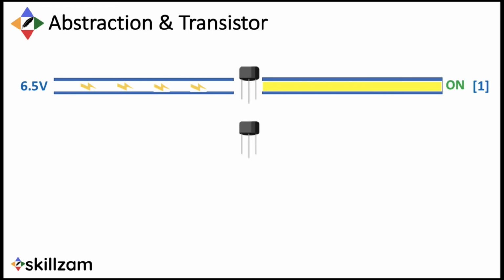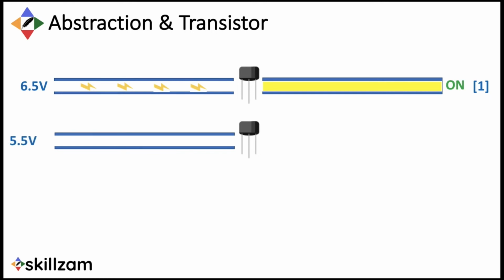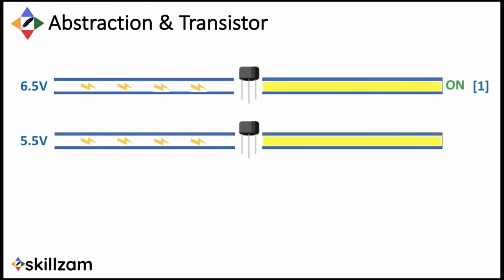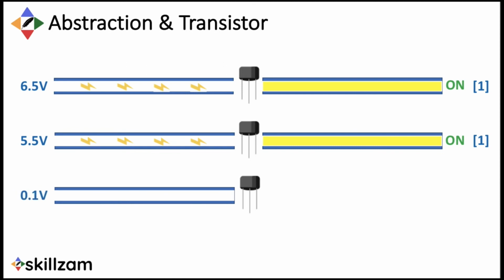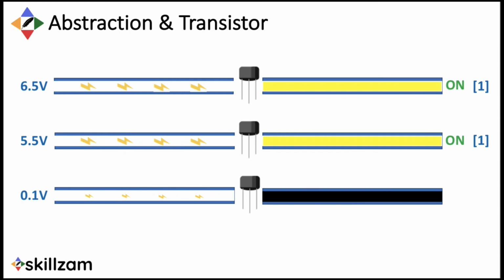The second wire has electricity pulsing through it at 5.5 volts and comes out of the transistor in the on state, labeled as 1. Similarly, the third wire has an amount of electricity pulsing through it at 0.1 volts and comes out of the transistor in the off state, labeled as 0.